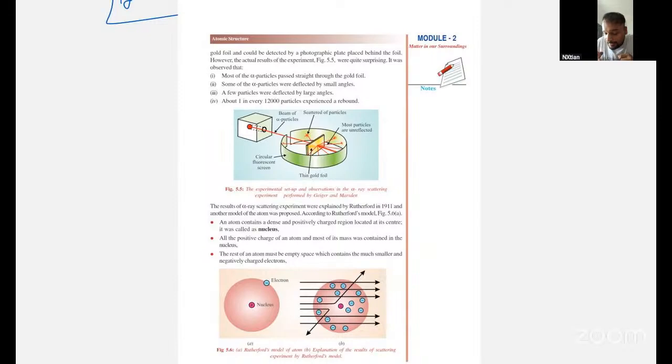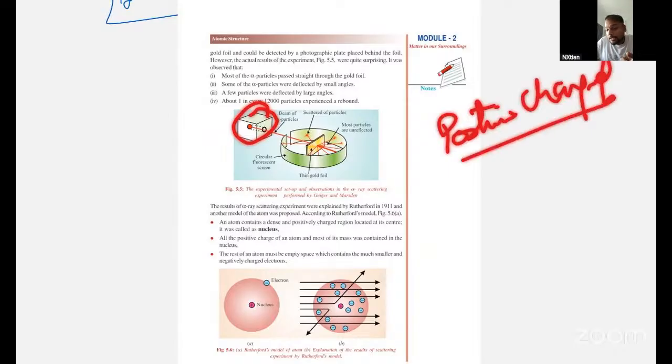And then the third, one out of 12,000, the ray which came back, he concluded that the nucleus has protons in it. Why? Because the alpha particle which he used is a positively charged particle.